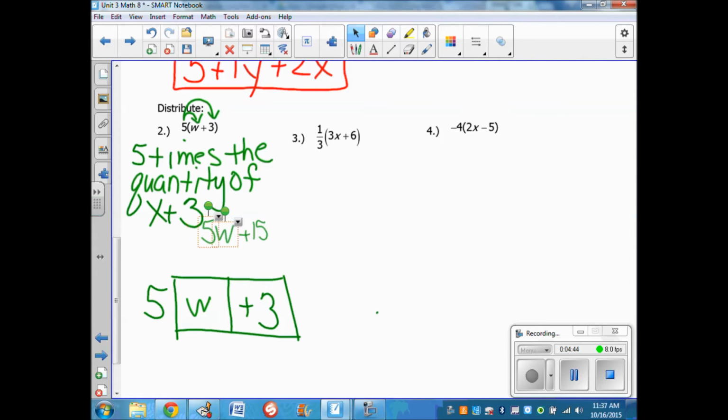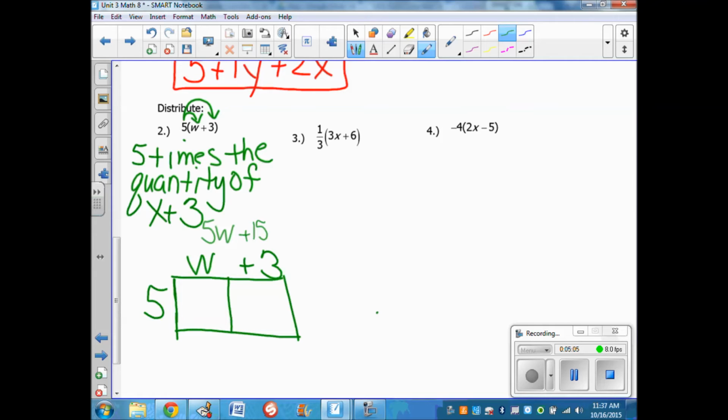Let's think of area. Oops, I'm going to back that up, guys. Sorry about that. Erase that, and let's put the w plus 3 outside. There we go. Okay, everybody got that erased? Looking like I have it.